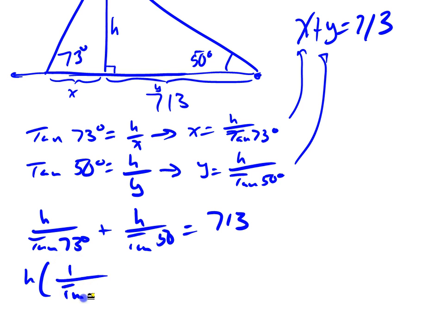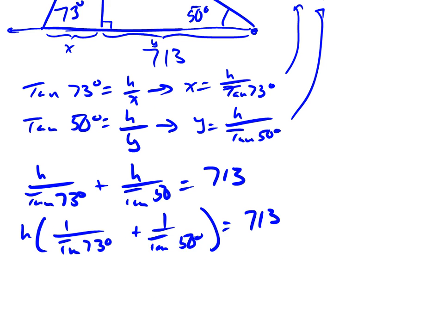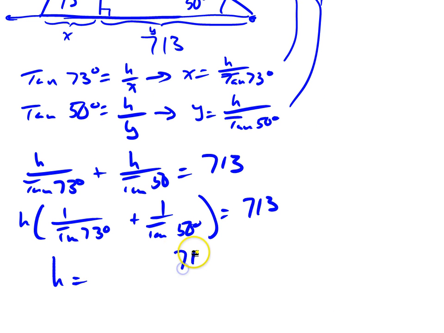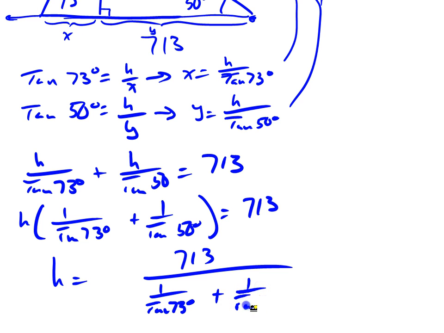So H times (1 over tangent 73 degrees plus 1 over tangent 50 degrees) is 713, and when I divide, H is 713 over all this stuff. When I plug it into my calculator, it gives me 622.7997.